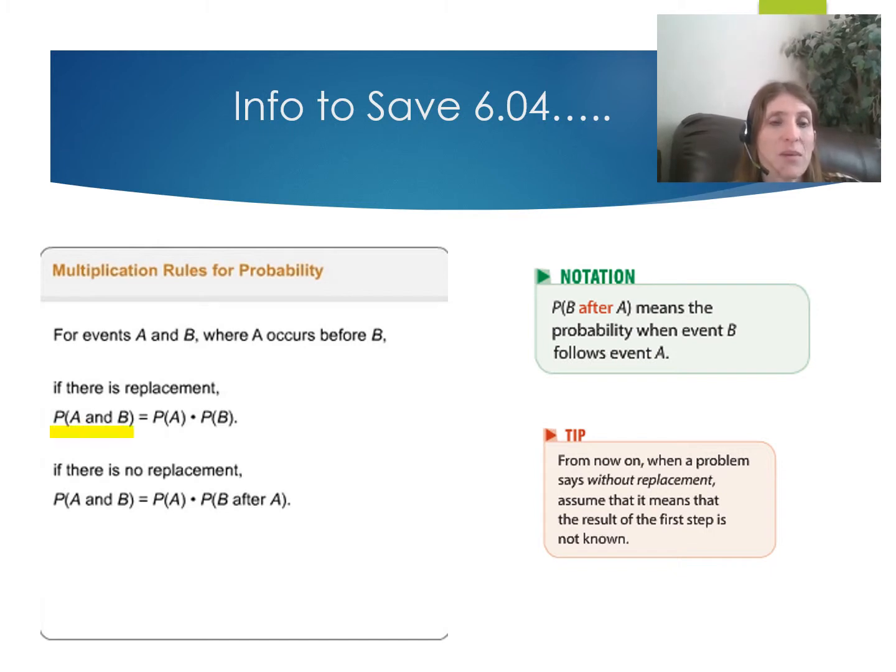Probability of A and B, so there's that word and, meaning multiplication, equals the probability of A times the probability of B. So we take the probability of the first event and multiply it by the probability of the second event, knowing that there is replacement.